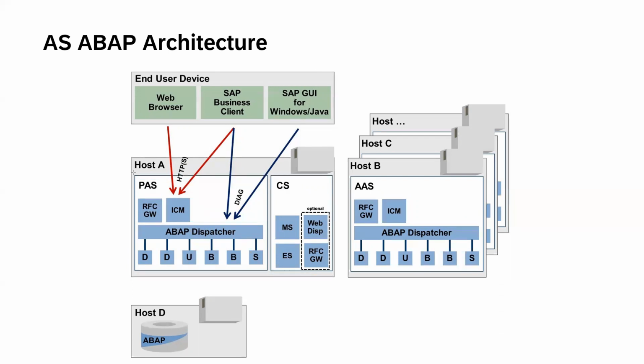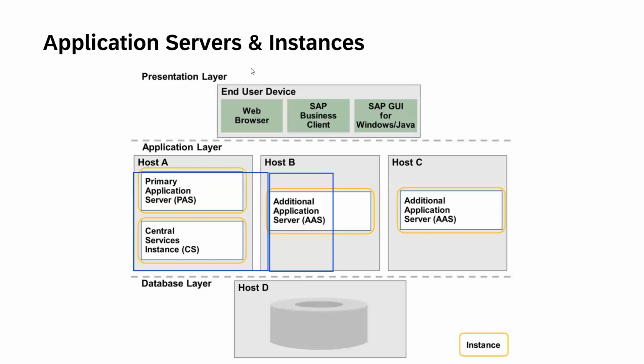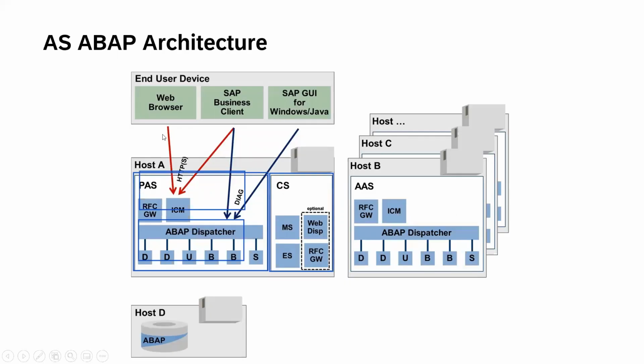Sorry, this is my primary application server instance, and this is my ASCS instance. In the previous screen, this was your primary application server instance, and this was your CS or ASCS instance. In the second screen, we are opening the box and seeing what is inside it.